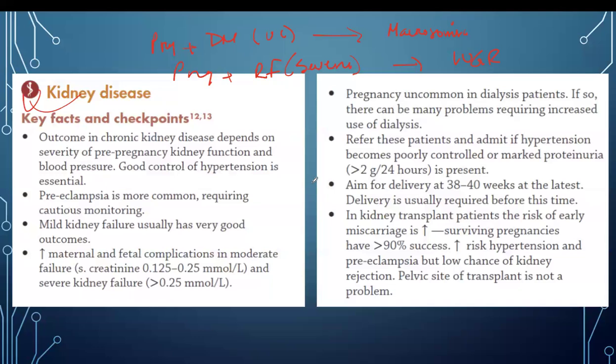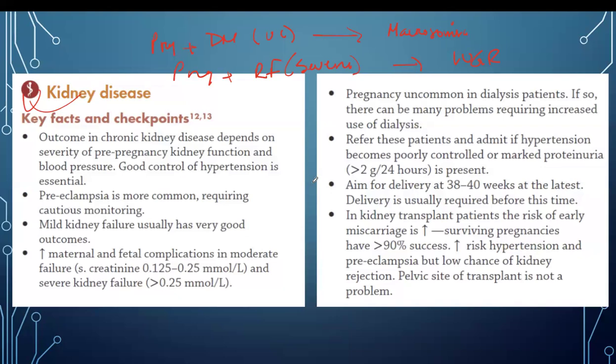So if a patient who is pregnant has well-controlled diabetes but severe kidney impairment, the risk in the baby is IUGR. Whereas with mild kidney failure but uncontrolled diabetes, the risk is macrosomia.